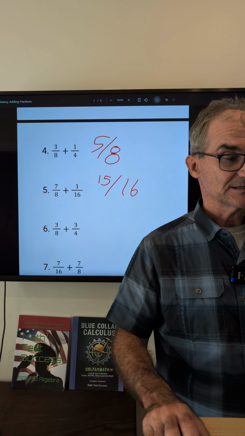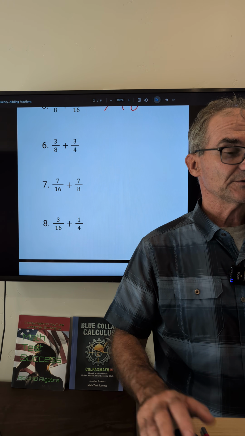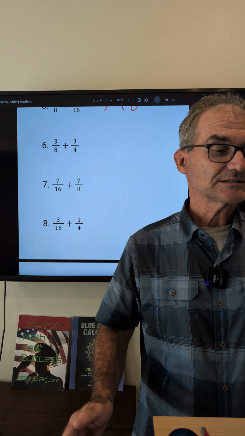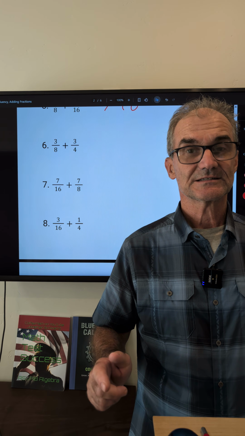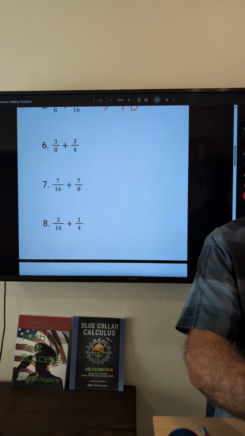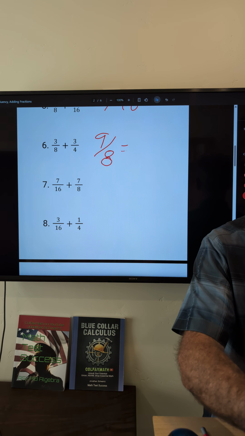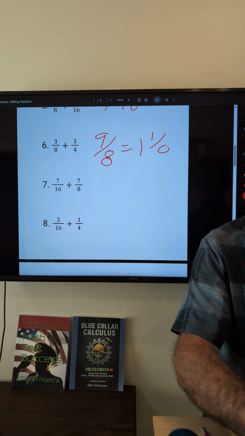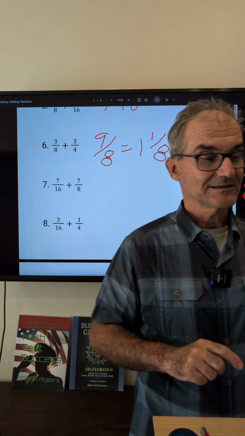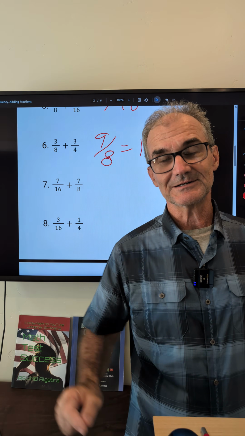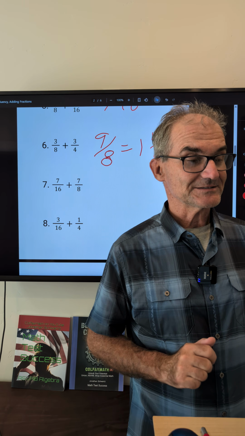Number 6, 3/8 plus 3/4. 3/8 plus 6/8 is 9/8. As a mixed number, 8 goes into 9 one time with 1 left over to get 1 and 1/8. You might be able to do these in your head, but you should be able, if not, do them on paper and pencil.